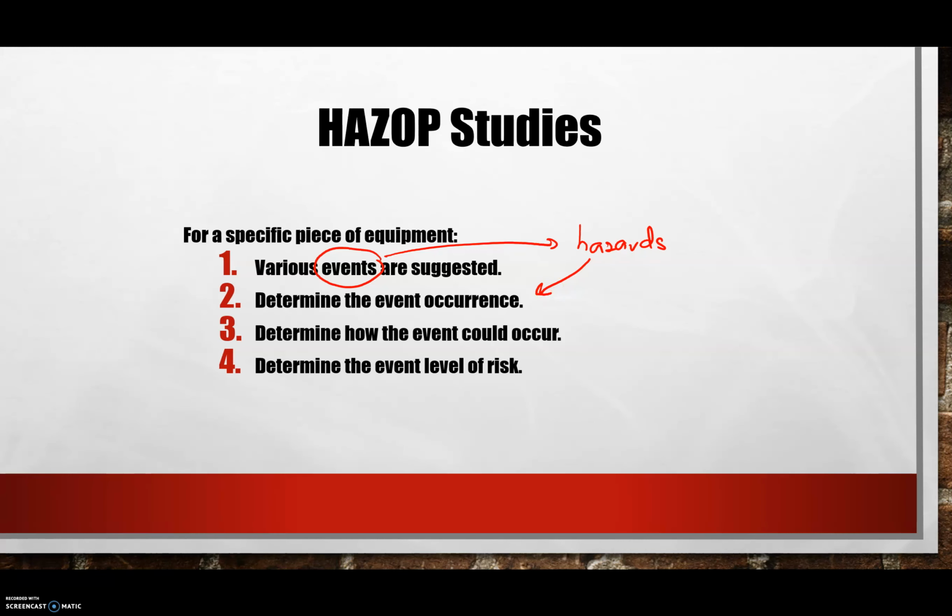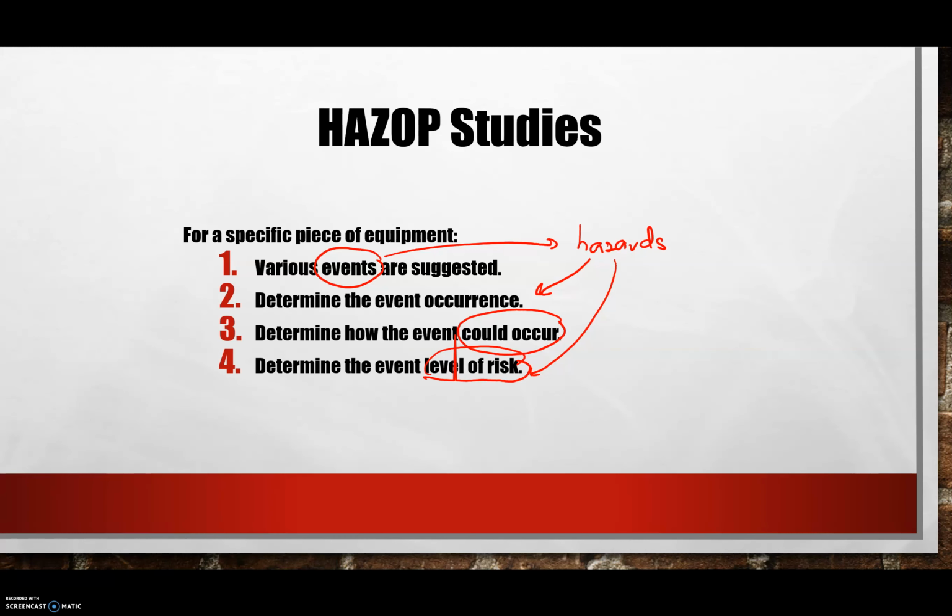Then you can determine how the hazard could occur, before you can determine the level of risk of this hazard.